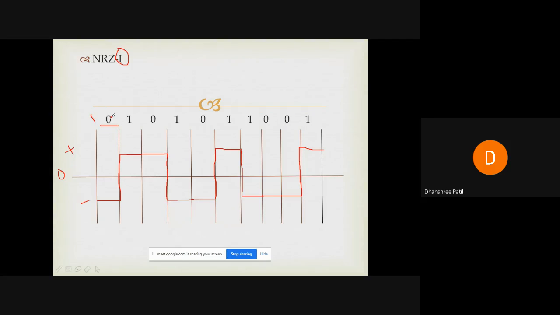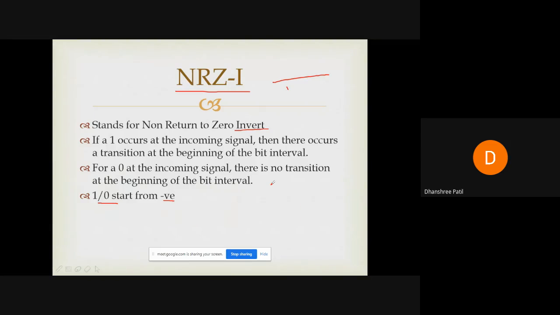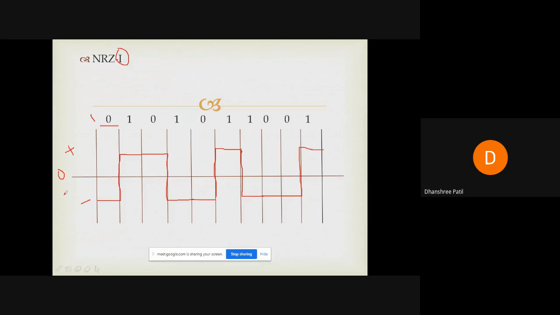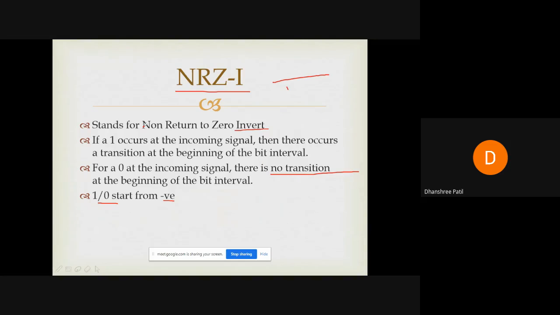Even if the first bit were 1 instead of 0, my signal would still start from the negative side, not the positive side. So the first is 0. 0 represents absence of a signal. There is no transition, meaning no signal, just blank. So it is represented like this. Now the next bit is 1. 1 means there is a transition.